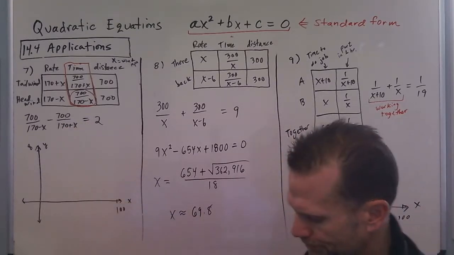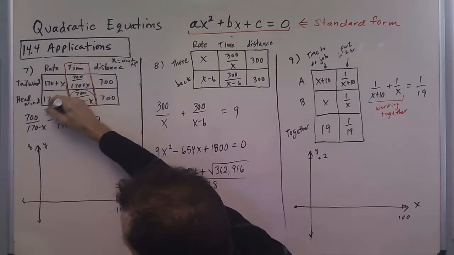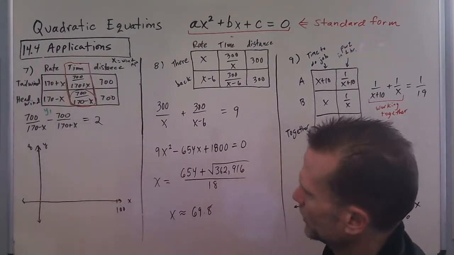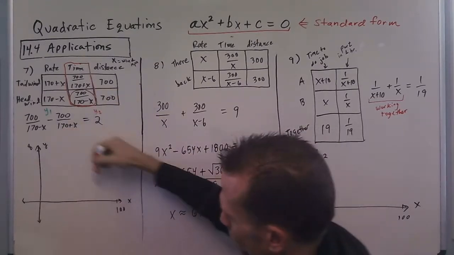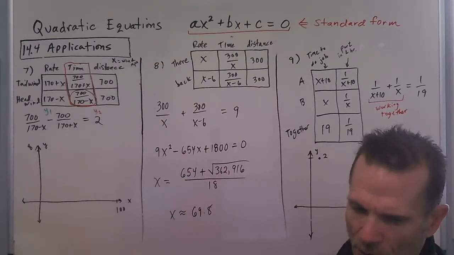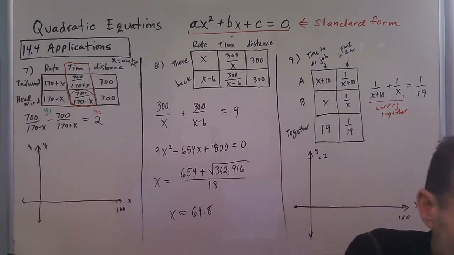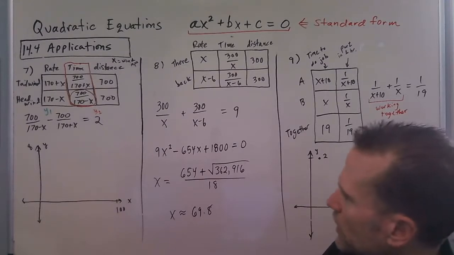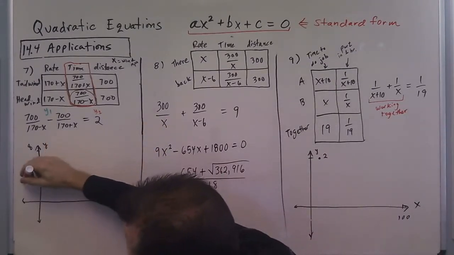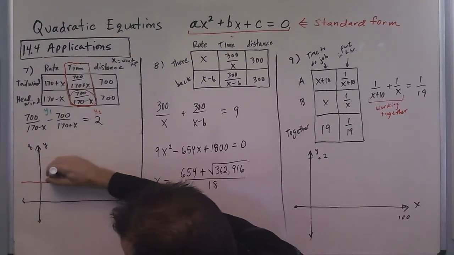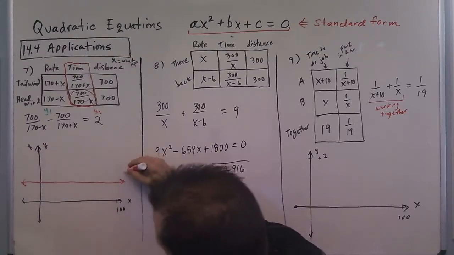So for this one, I'm going to graph this for y1, and I'm going to graph this for y2 in Desmos. And once I get my window adjusted right, I will see a line come across horizontally at y equals 2.